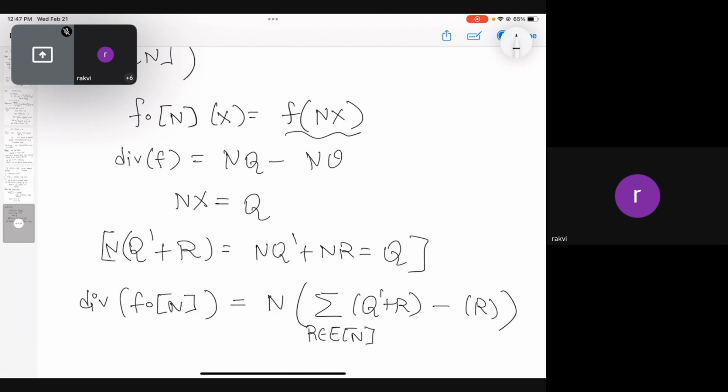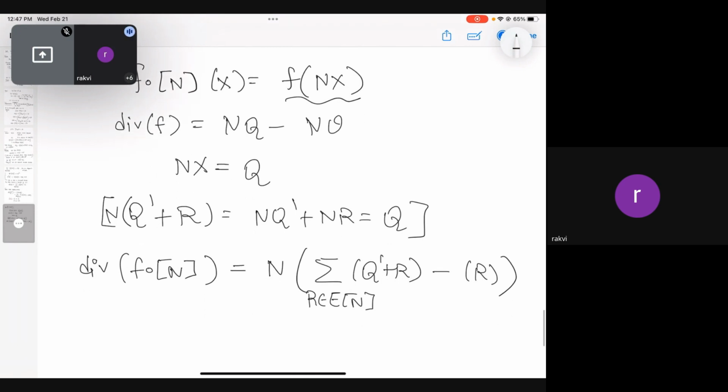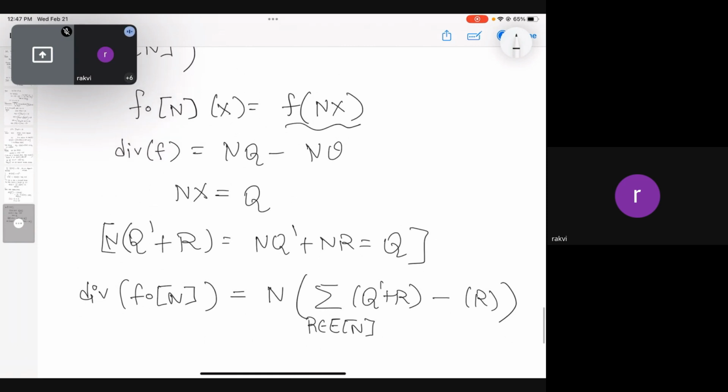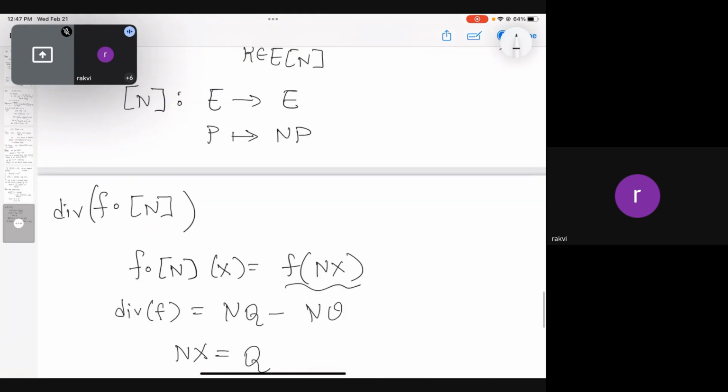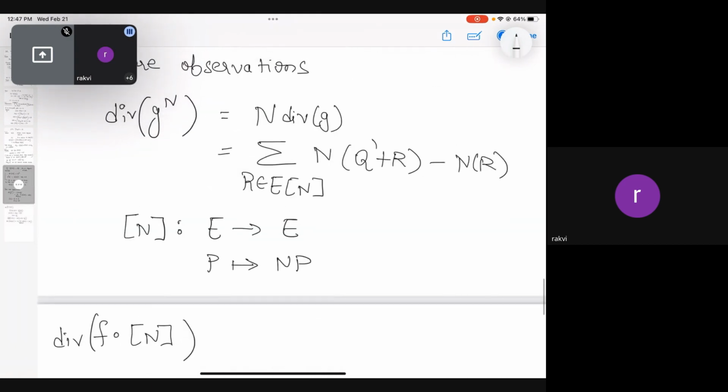Okay. And similarly, same thing would happen with poles. So I'm just adding r to 0, so I'll get r. But now just look at this divisor. This looks familiar. This is basically the same as the divisor that we constructed here for g to the power n.